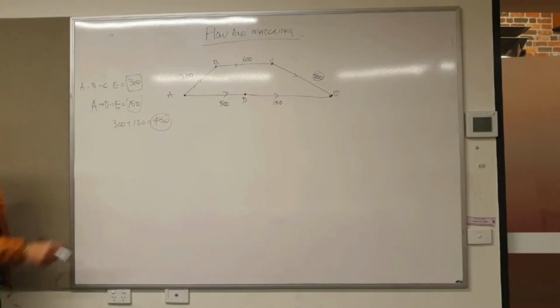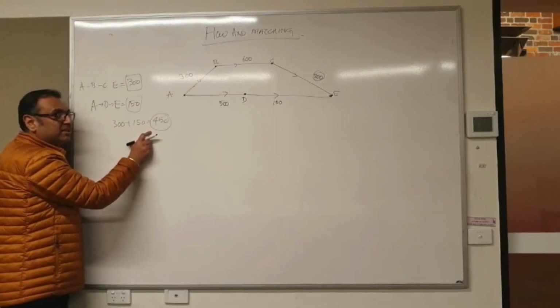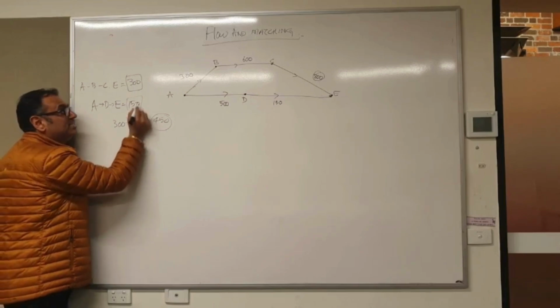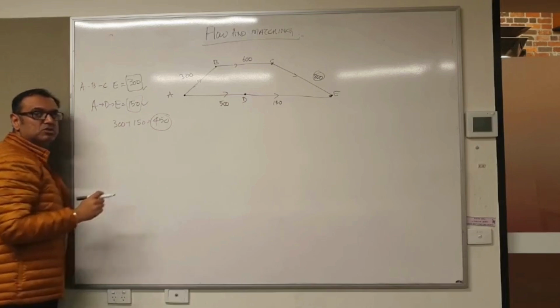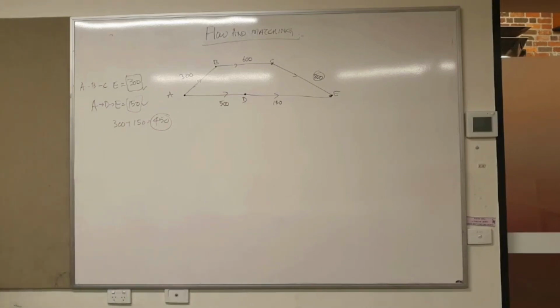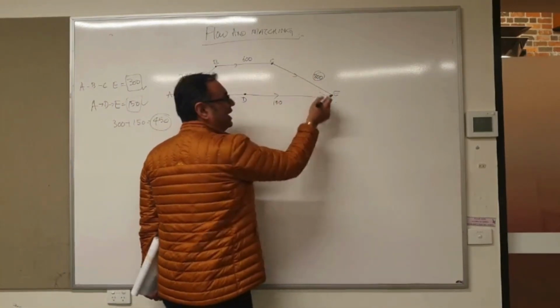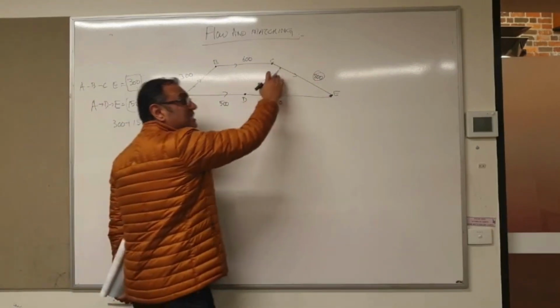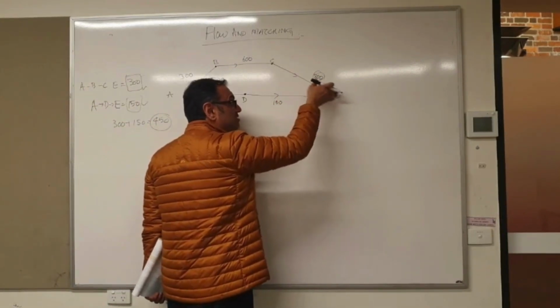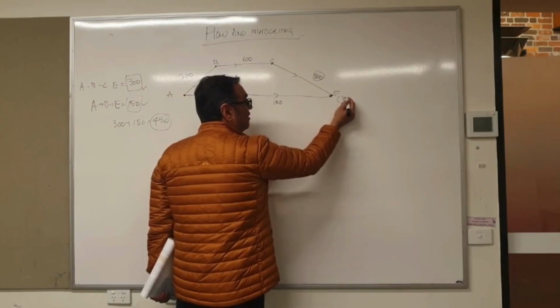So the maximum capacity that can flow from A to E is the combined total of the two minimums. Does that make sense? So it's 450. Why 450 is the question again. Because this road has the capacity to throw 800 cars at E at the end of the day.